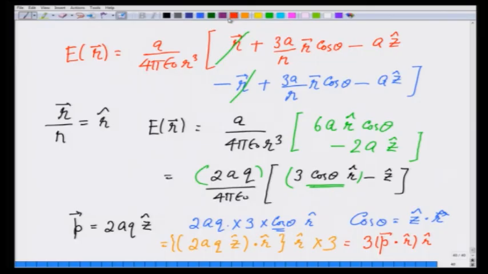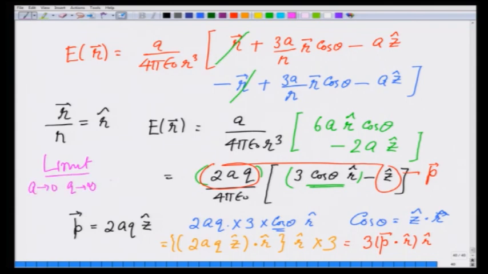Similarly, 2 a q z, this whole term combined with z, is nothing but p. And remember, the limit that I am working under is that a goes to 0 and q goes to infinity, such that q a goes to p, 2 q a goes to p.